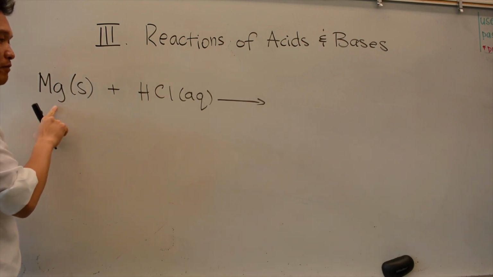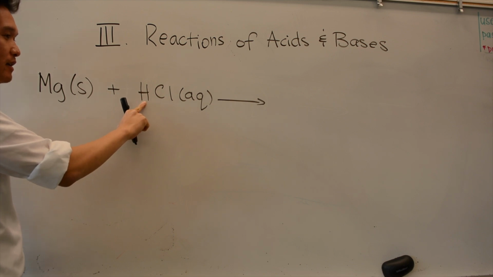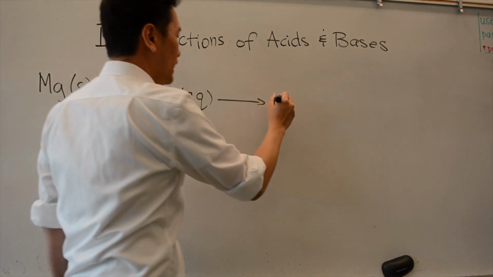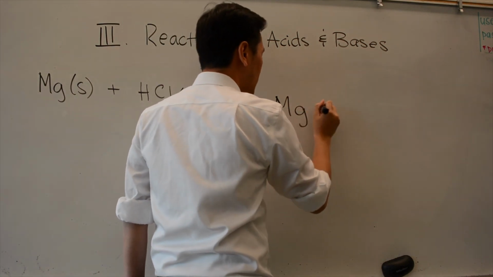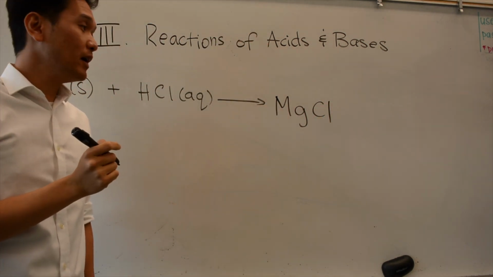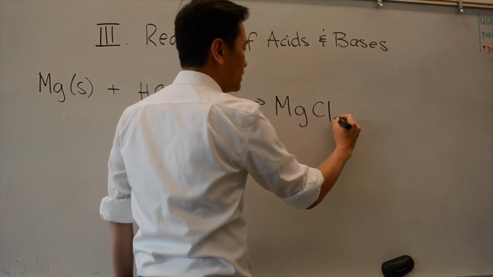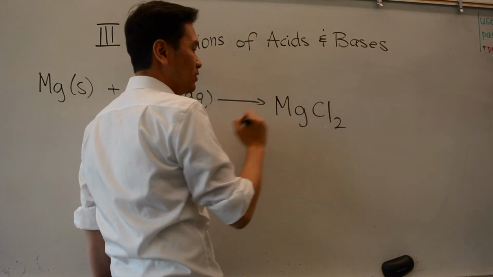Magnesium metal will replace the metal-like cation here, hydrogen, to bind now with magnesium and chloride. Now how do we write that properly as an ionic compound? Remember that magnesium is a 2+, chloride is a -1, so that is MgCl2.